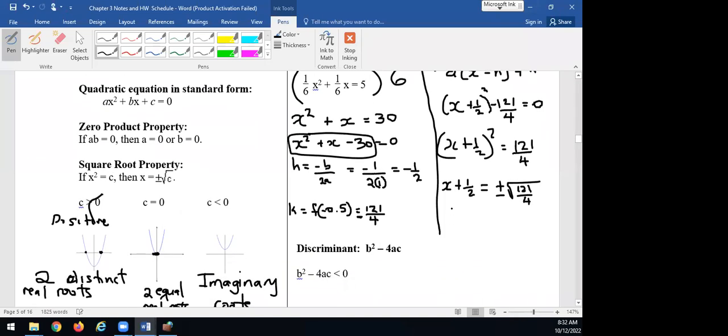Yep. So it works out nicely. So x plus 1/2 is just going to be plus or minus root of 121 is 11, root of 4, because all of this is inside the square root, by the way. All right. Root of 4 is 2.